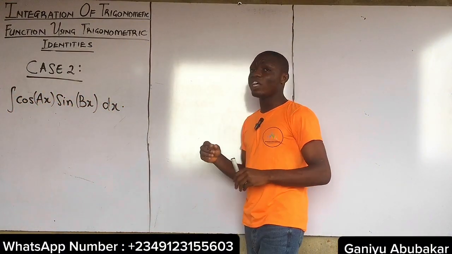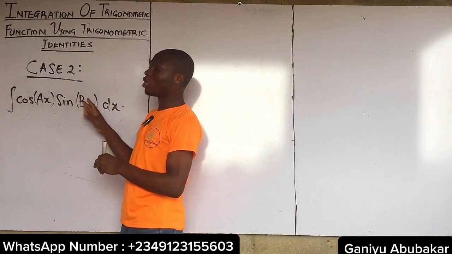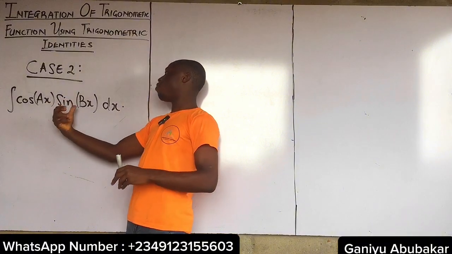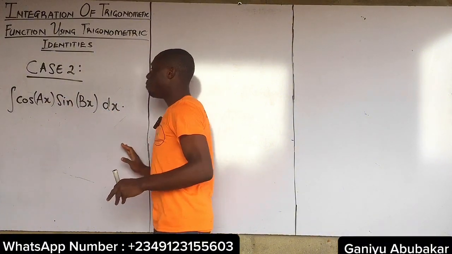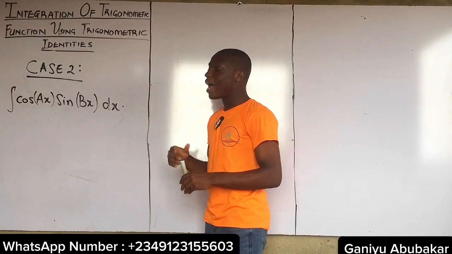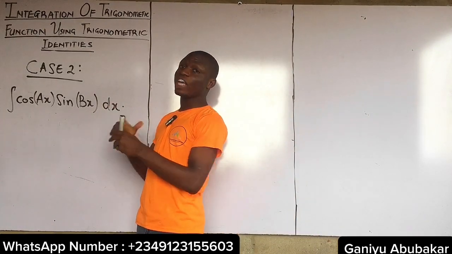For case 1, it was sine before cos, but in this case I'm seeing cos before sine. So what will be the mathematical expression for this one? I gave it in the last class when sine was first and cos was second.